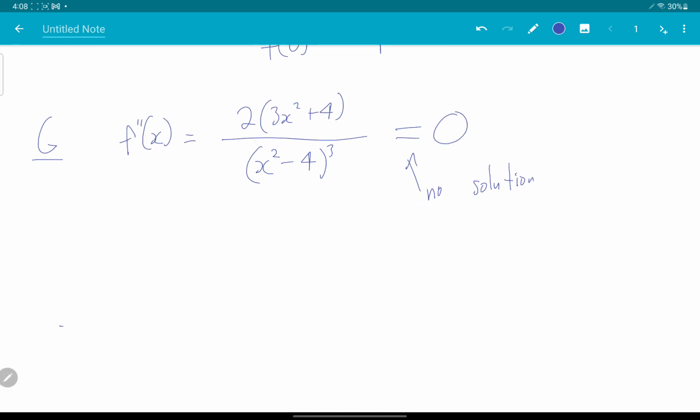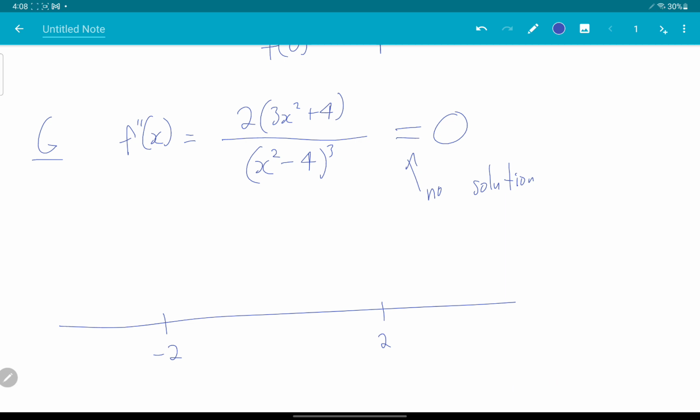So on my number line for the concavity, I'm going to have just my asymptotes. Remember, always put your asymptotes on these number lines. And I have no points at which my second derivative is 0, which means I have, okay, we'll talk about IPs later. Let me just focus on my number line for now.